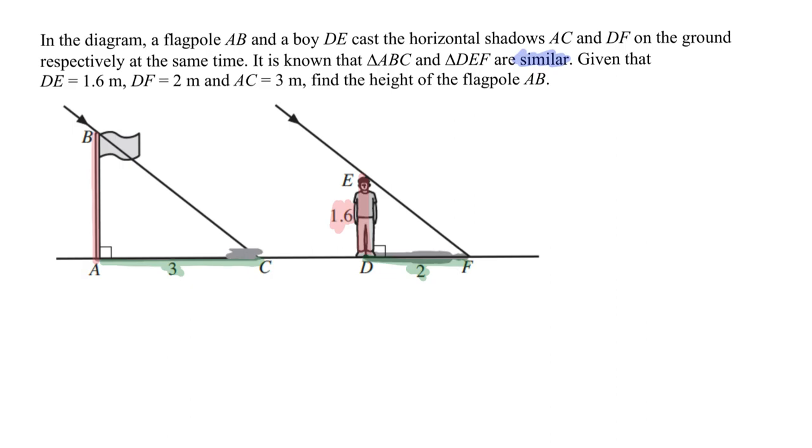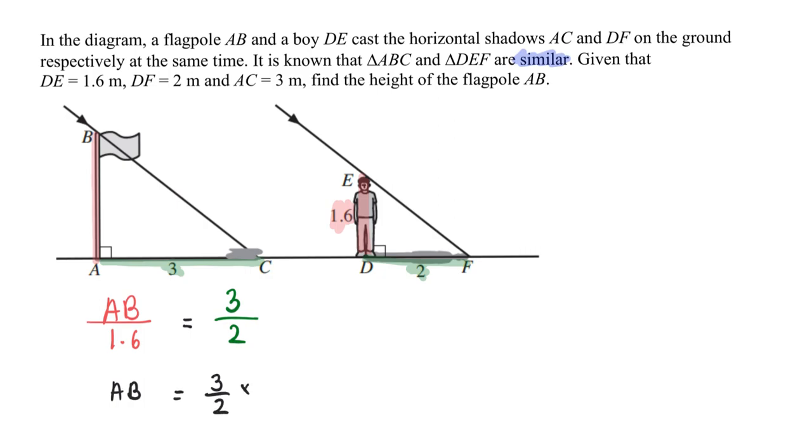This means that AB over 1.6 and 3 over 2, the proportion is the same. And therefore, I will be able to get my AB pretty easily. It is just 3 over 2.